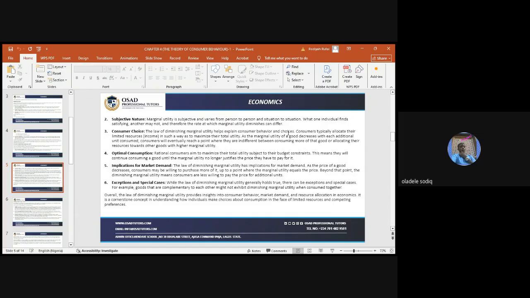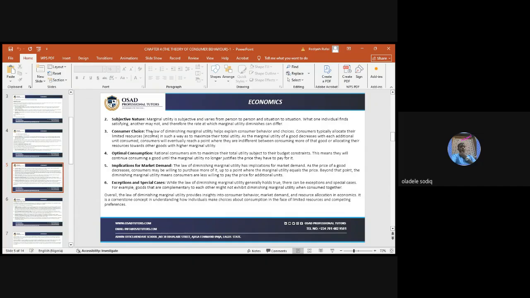Consumers typically allocate their limited resources, that is their income, in such a way as to maximize their total utility. As the utility of a good decreases with each additional unit consumed, consumers will eventually reach a point where they are indifferent between consuming more of that good or allocating their resources towards other goods with higher marginal utility.